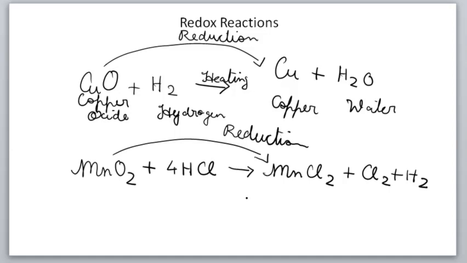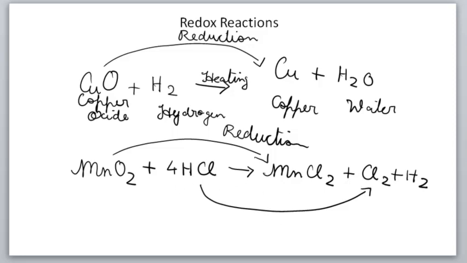So here a reduction takes place and HCl is oxidized, but you don't see any oxygen being added, right? So don't get confused. Hydrogen is being removed from HCl and it just becomes Cl, which is also a process of oxidation.